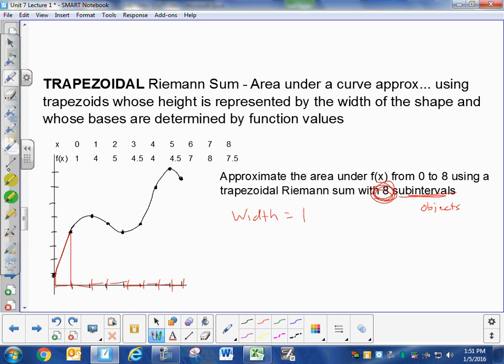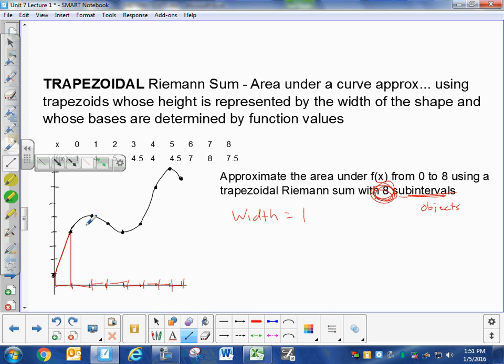Okay, now let's draw our trapezoids. All we do is just use each height from the outsides of our bases, and we'll connect the dots.